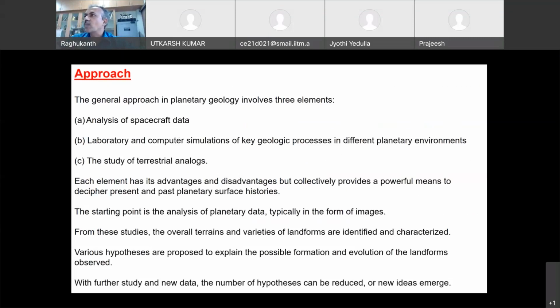Now our supercomputers have come, so laboratory computer simulations have become very powerful, and we can simulate a planetary environment in our computers, like finite elements and other things also. So this is also a very important aspect. It was not there previously, but now this has become a very important aspect in planetary geology.